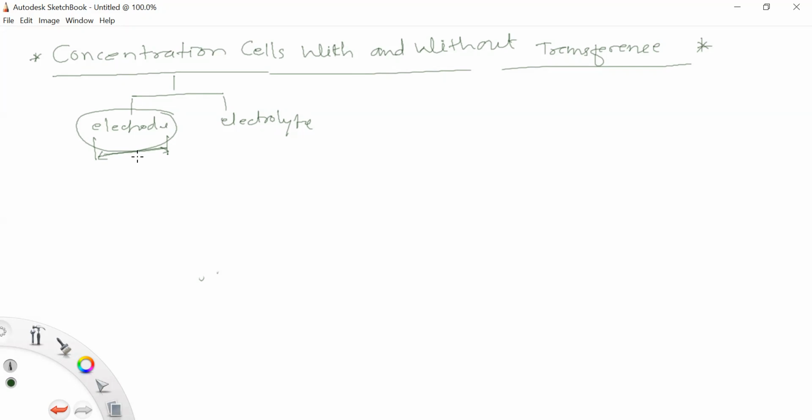So one by one we will understand the electrode concentration cell with transference and without transference. Okay, so the electrode concentration cell reversible to cations. Some concentration cells are reversible to anions, and some concentration cells are reversible to cations.